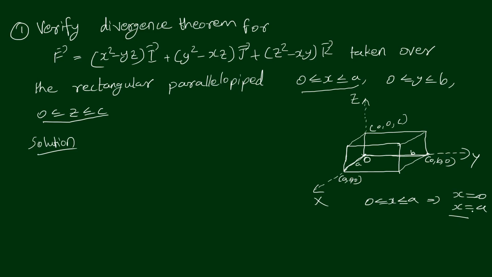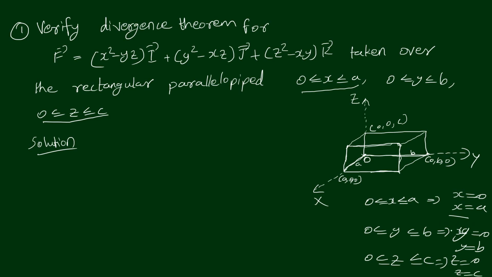And x = a is this rectangular portion. So like that, two planes you will get. Similarly, from 0 ≤ y ≤ b, you will get y = 0 and y = b, another two planes. From 0 ≤ z ≤ c, you will get another two planes, z = 0 and z = c.